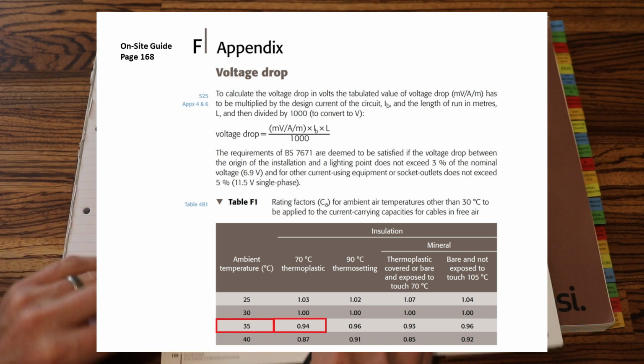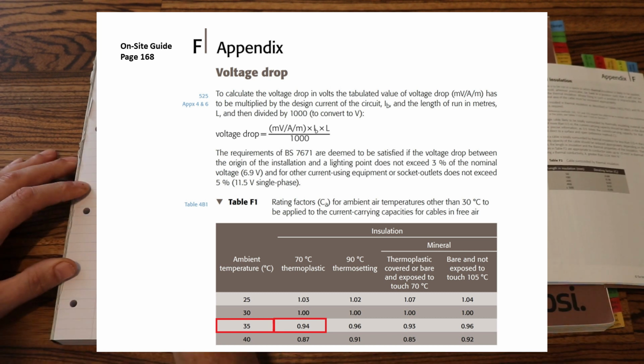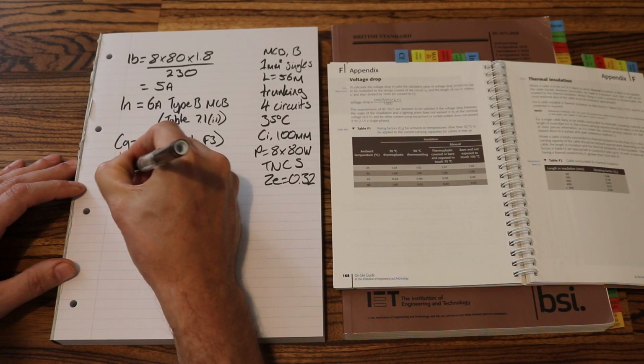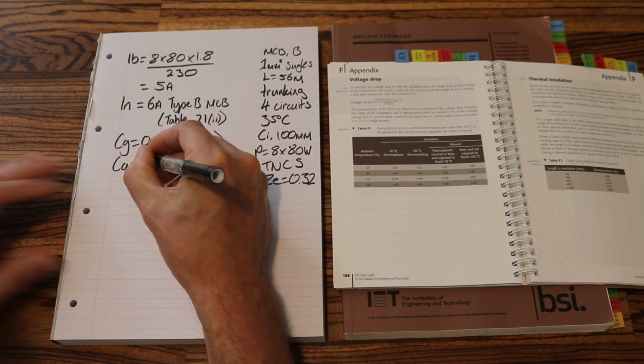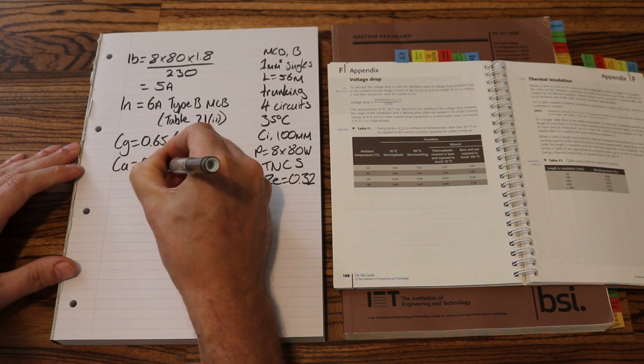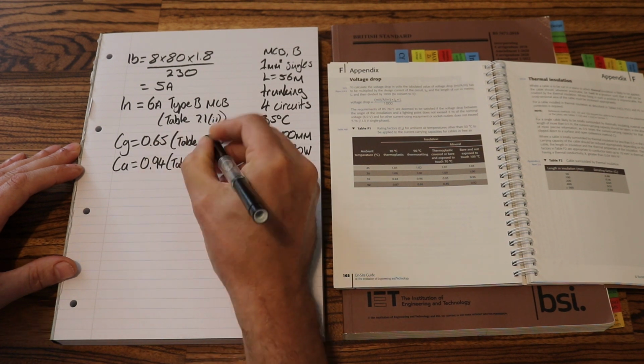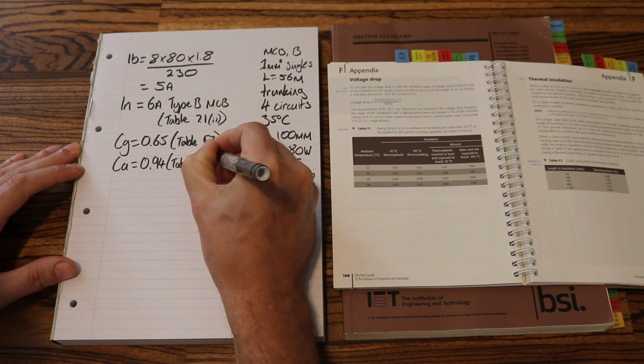Now our question said it was 35 degrees. So our CA factor, 35 degrees, is 0.94. Reference the table, table F1.